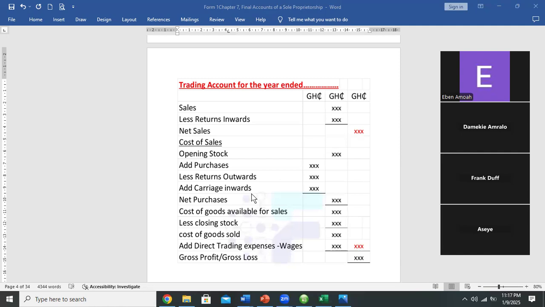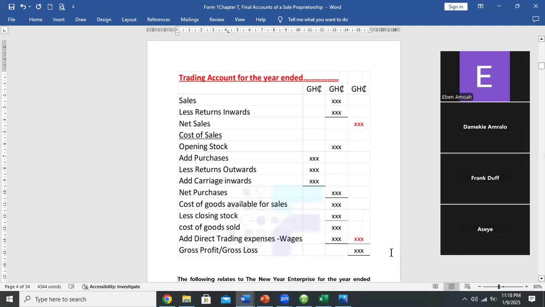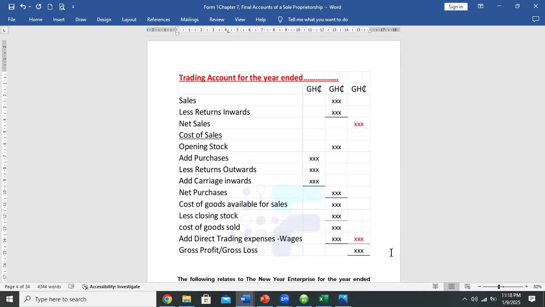Okay. So I think we'll solve the assignment, or ladies and gentlemen, let's agree. Should we solve the assignment, or should we continue to the profit and loss account? Let me get answers as quick as possible. Prof. Alexia, should we solve the assignment? Frank? For me, I think we should continue to the profit and loss.